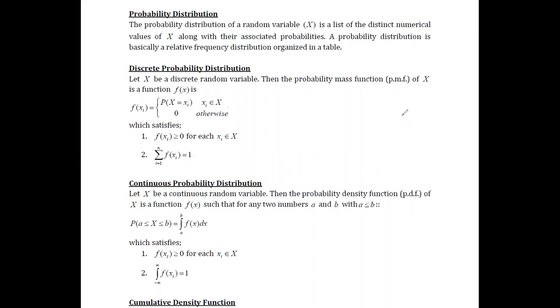If we write it in equation form, we call such a function the probability density function, not the probability mass function. We generally abbreviate it as the PDF, and we write the probability distribution function as f(x).